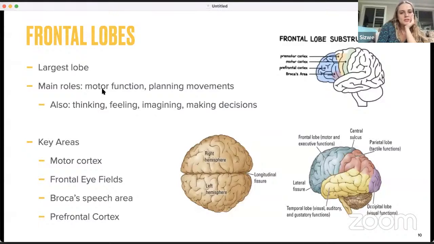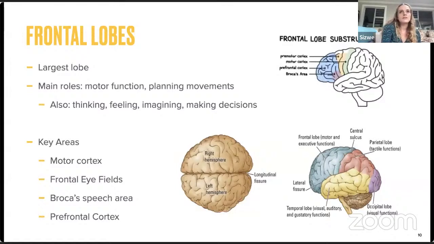Its main roles are motor function and planning movements, as well as thinking, feeling, imagining, making decisions. It might seem like I'm just dismissing those things, but these things are actually huge. Planning movement and motor function is like 99% of us moving our little meat suits around and going about our day. The thinking, feeling, imagining, making decisions, that's on top of the other stuff.